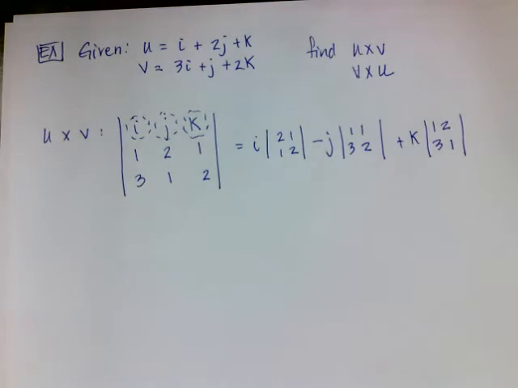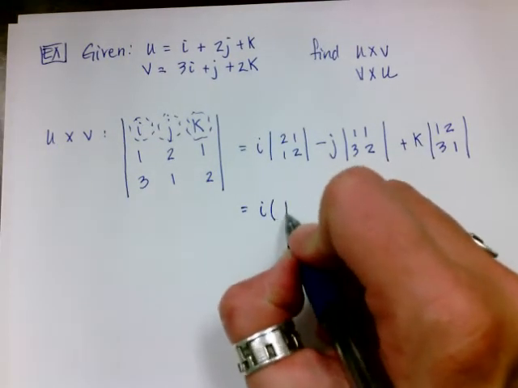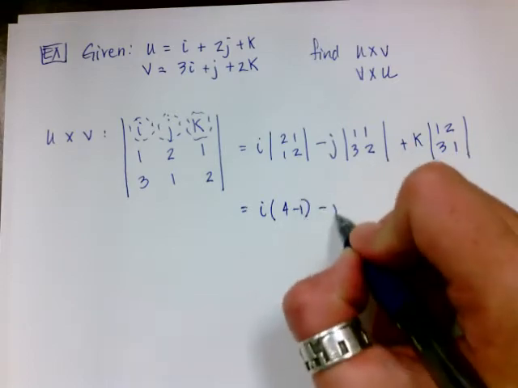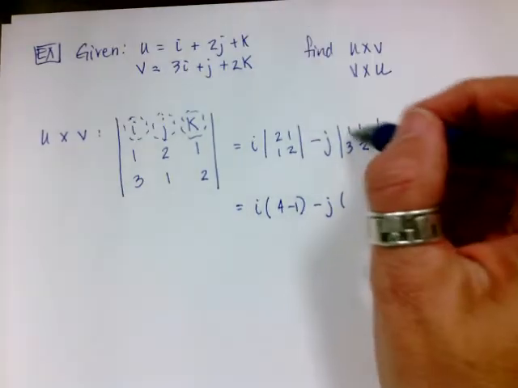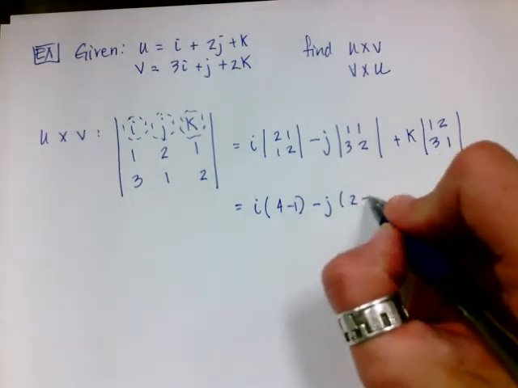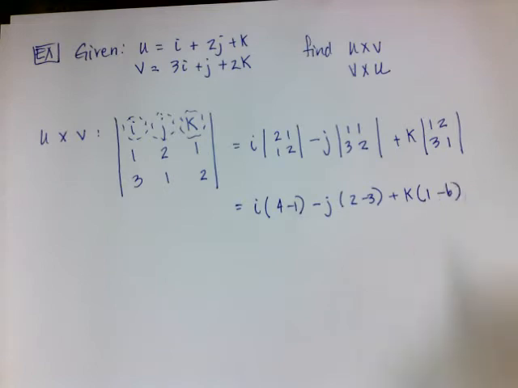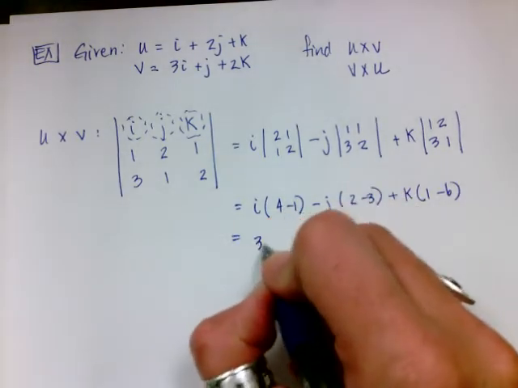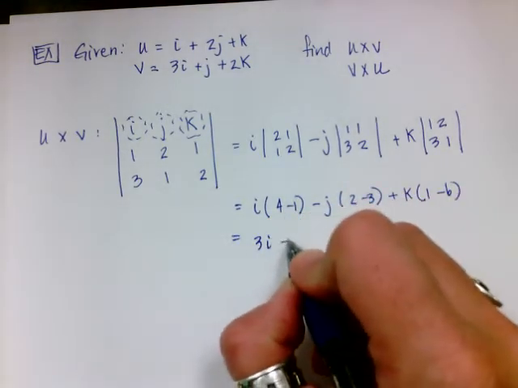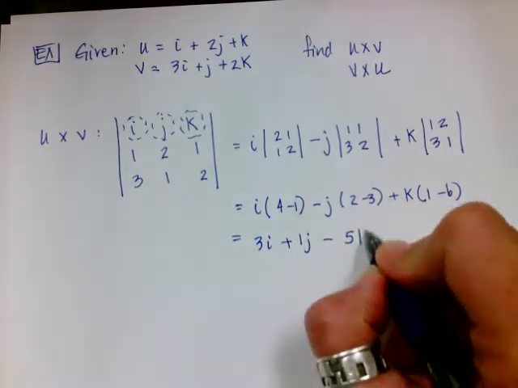Now I'm actually going to calculate those determinants. So it's going to be I times 4 minus 1, minus J, and remember I'm doing this multiplication and subtraction, so 2 minus 3, and then K times 1 minus 6. If I do this math, I get 3I plus 1J minus 5K.